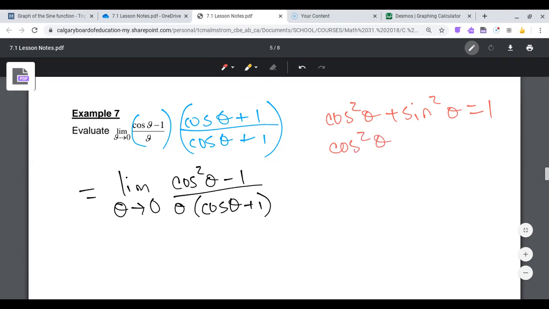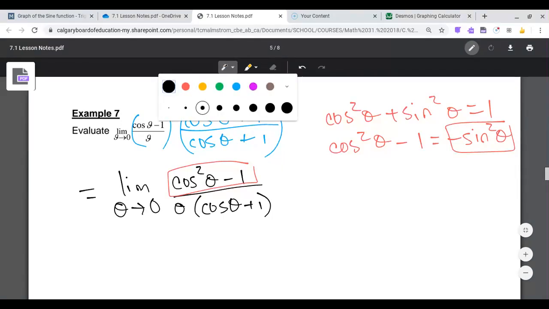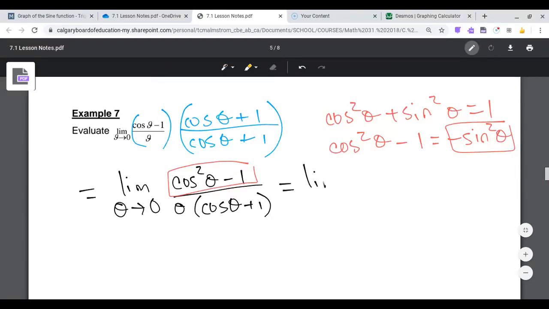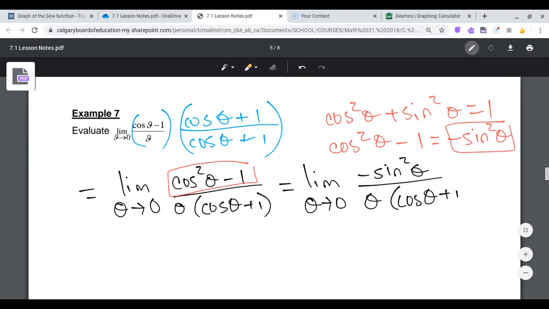If I subtract the 1 to the left, then I'm going to subtract sine squared to the right. And so cos squared theta minus 1 is the same as negative sine squared theta. So I'm going to replace that: the limit as theta goes to 0 of negative sine squared theta divided by theta times cos theta plus 1.